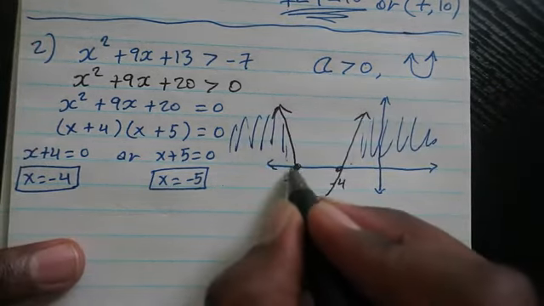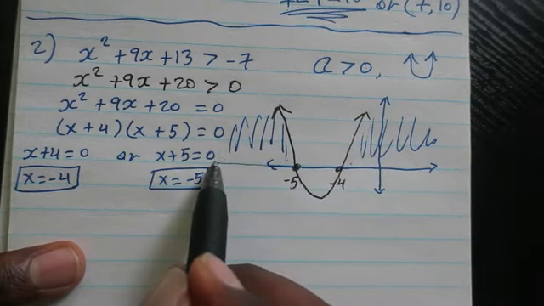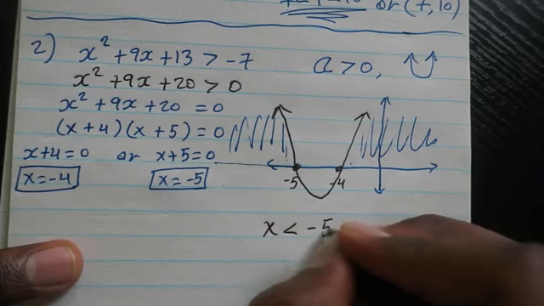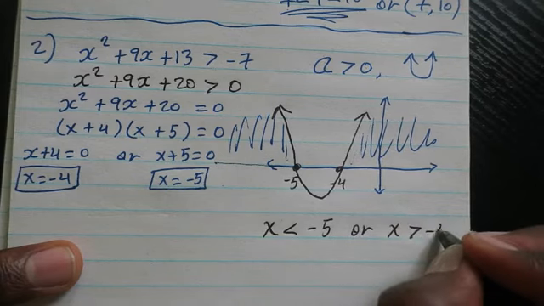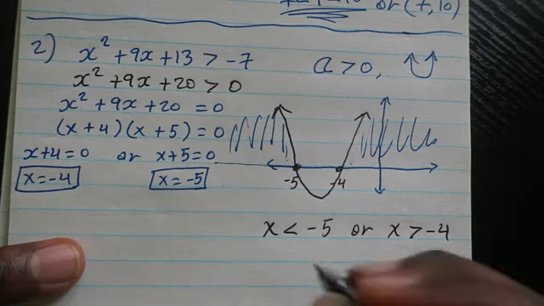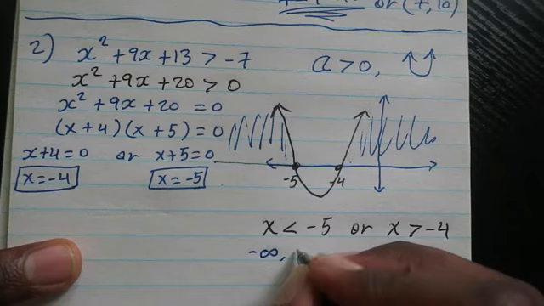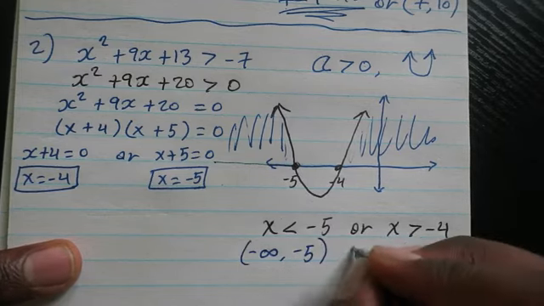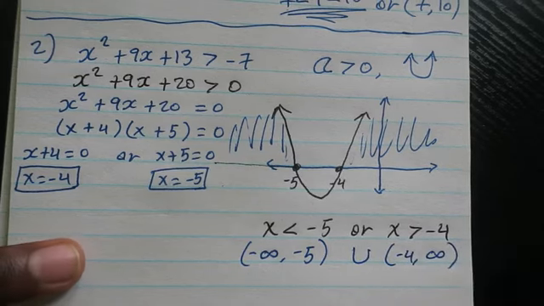So the graph is above the x-axis for all the x values that are less than -5, or for all the x values that are bigger than -4. In interval notation, you would write this as negative infinity to -5, union from -4 all the way to positive infinity.